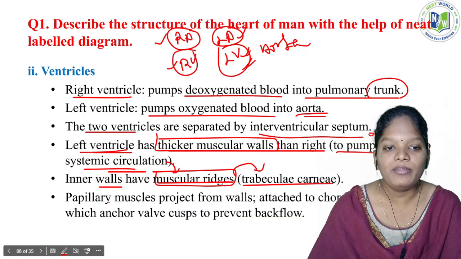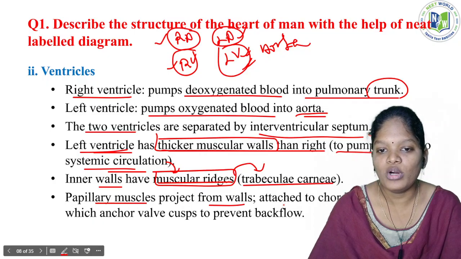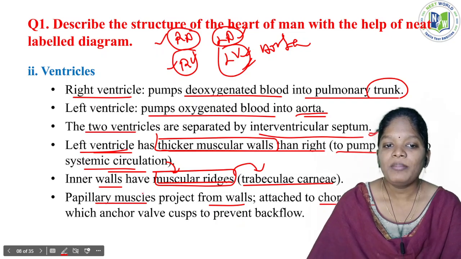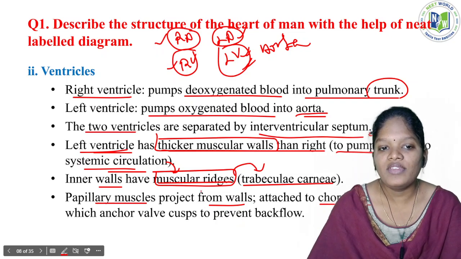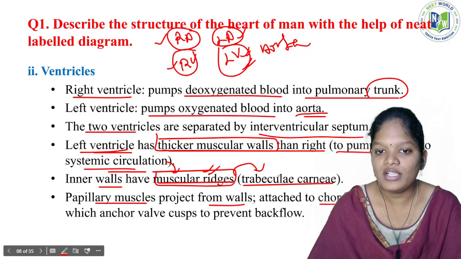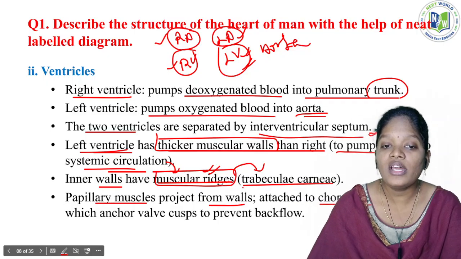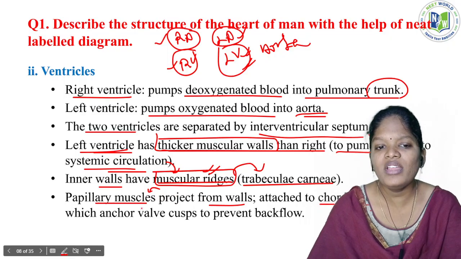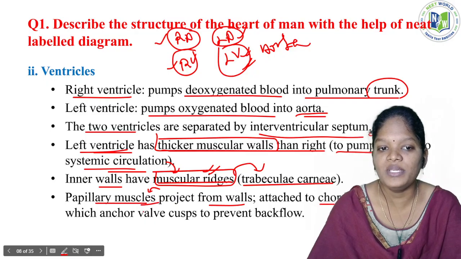The papillary muscles project from the walls and are attached to the chordae tendineae, which anchor the valve cusps to prevent backflow. So from the walls with the muscular ridges, the trabeculae carneae, we have the papillary muscles, attached to the chordae tendineae. Why do we have all these structures? To prevent the backflow of the blood.